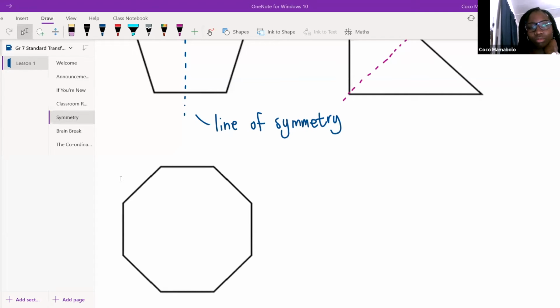Is it an octagon or a hexagon? Teacher says he can't hear me. Please help. Okay, it's an octagon. Here, 1, 2, 3, 4, 5, 6, 7, 8. There are 8 sides. So, like an octopus has 8 legs, it's an octagon.